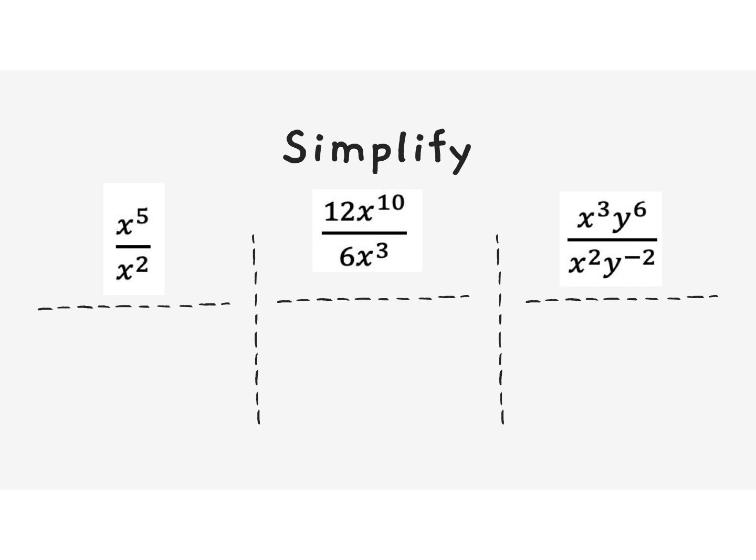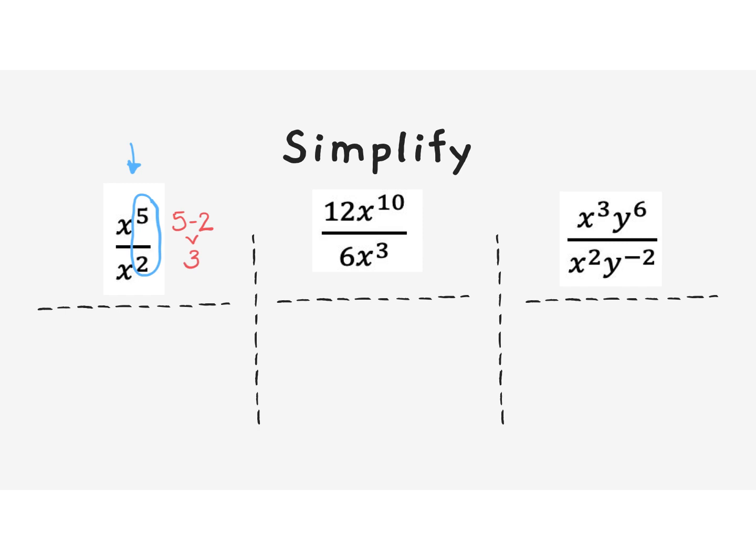So in this first example, in this one right here, we only have one problem. We have x to the power of 5 over x to the power of 2. So here is the rule. You take like bases and you take the exponents of the like bases. And what do you do with them? You subtract the numerator and the denominator. You subtract. So the answer here would be 3.